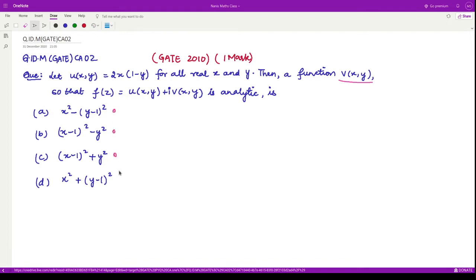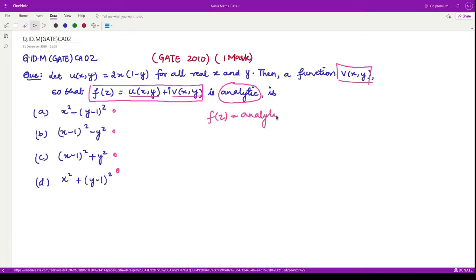Out of these four, what is this function v of x,y, such that this f of z, consisting of u as the real part and v as the imaginary part, is given to be an analytic function. So the given condition is that this function f of z is analytic.